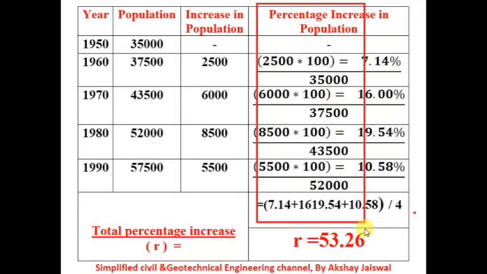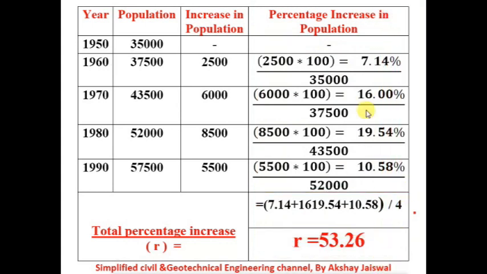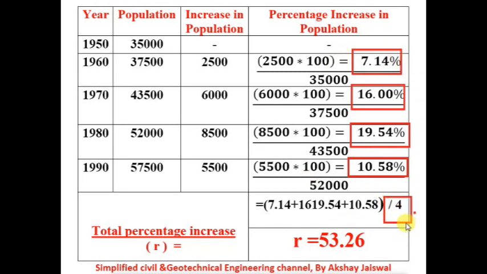Now we will take average of this column. Here we will add this 7.14, 16%, 19.54%, 10.58%, and after adding these 4 values we will divide it by 4 because we are finding average.